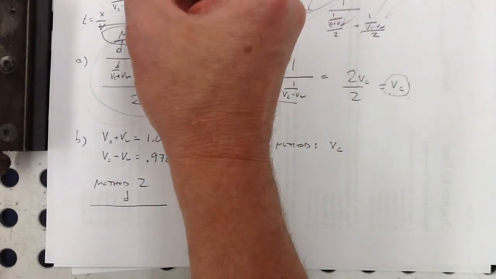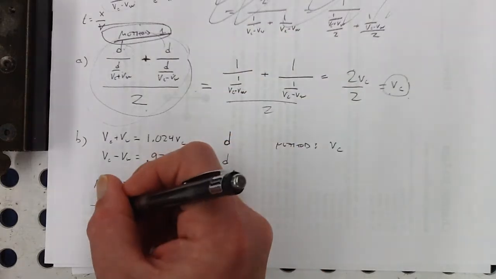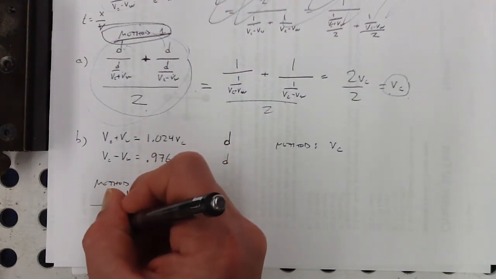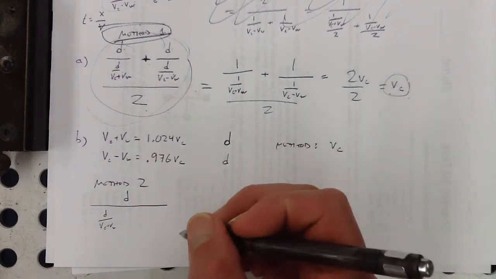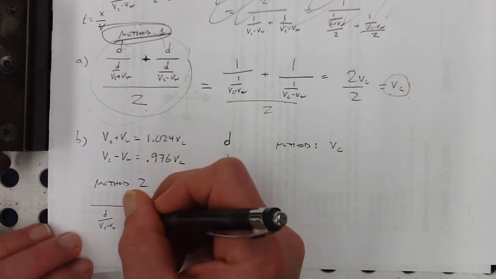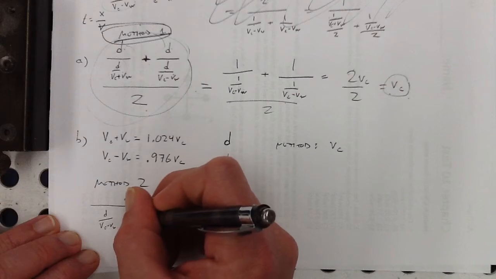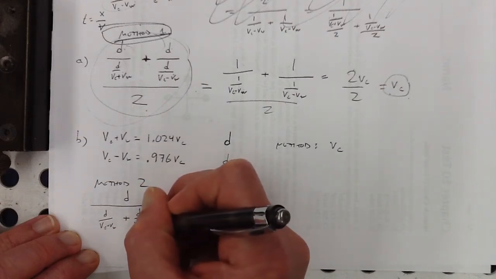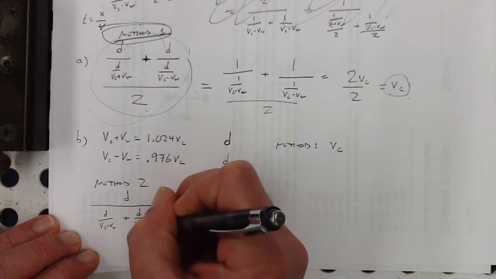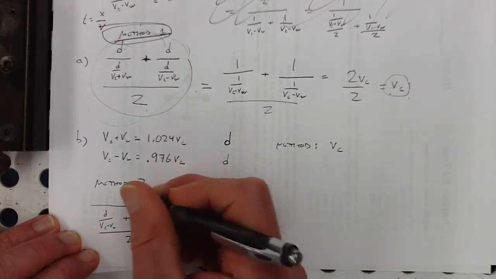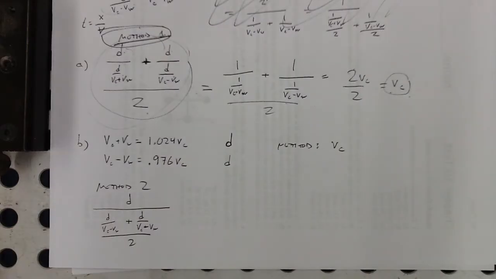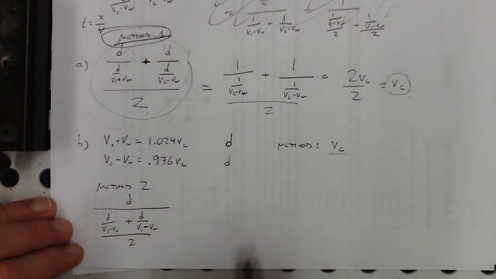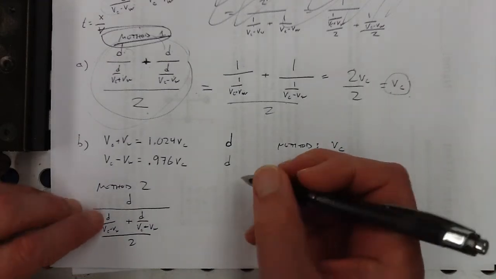So here are the times. That's d over VC plus VW, plus the other time, VC minus VW. So that's the distance divided by the average of the times. I need to clean this up and turn this into some multiple of VC so I can compare them.